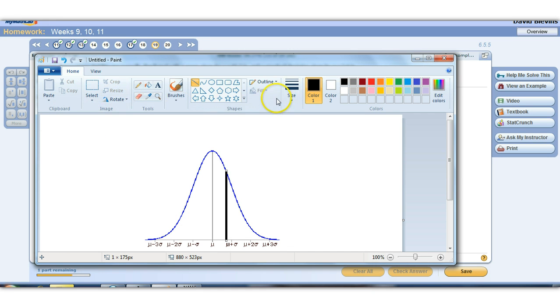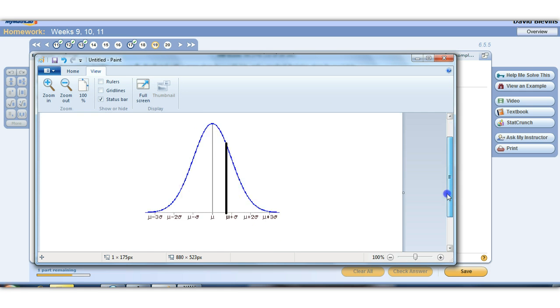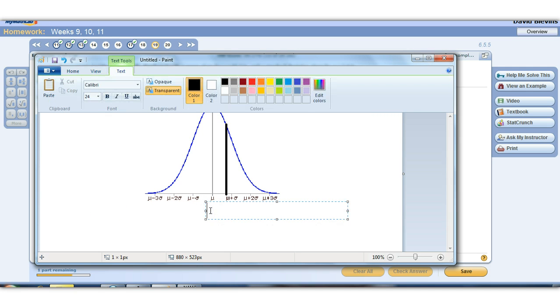This is 63.2 inches, and this is 64 inches.